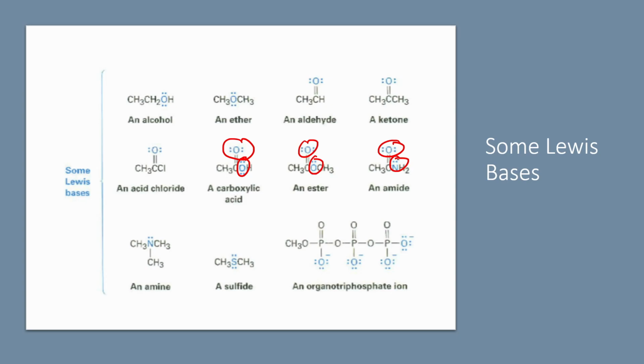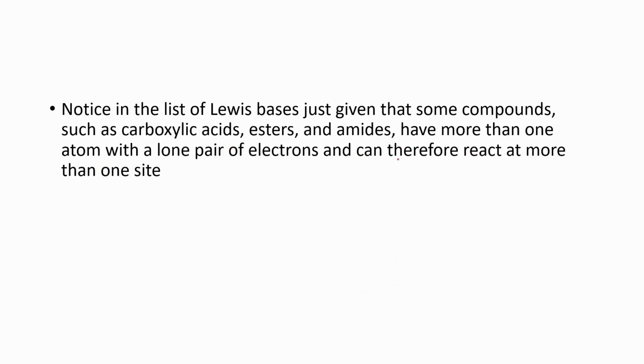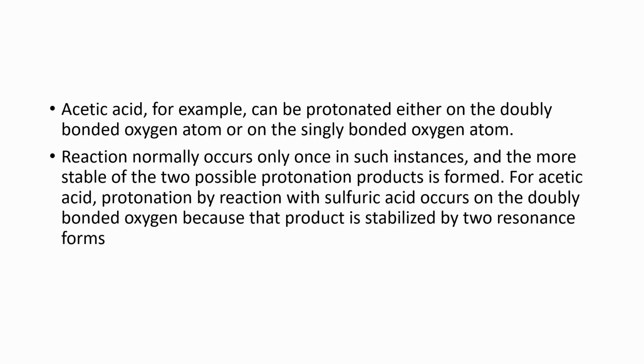It doesn't actually pose a problem, but in theory these compounds have two binding points since they have lone pairs of electrons. Therefore they can react at more than one site. However, reaction normally occurs only once, and the more stable of the two possible protonation products is formed.